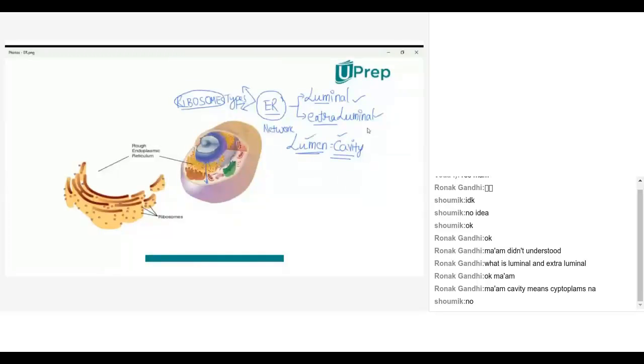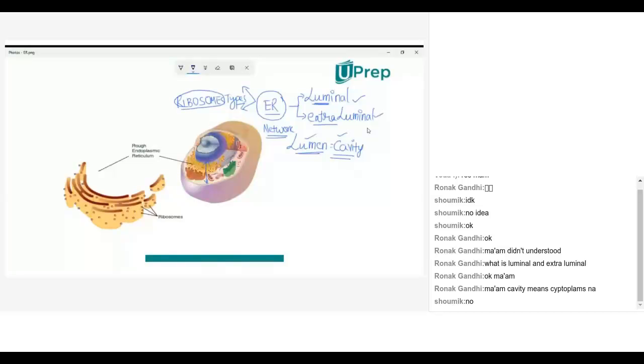This is the whole endoplasmic reticulum. If you zoom out, we can see it like this. Endoplasmic reticulum is the part of the cell which is dividing the cell into two sides called luminal side and extraluminal side.